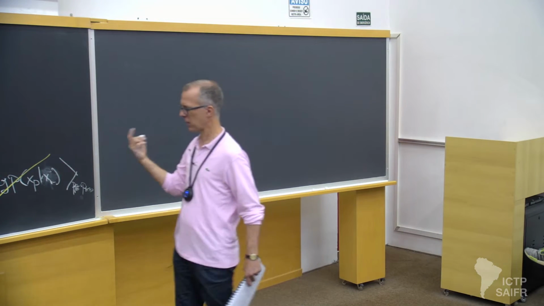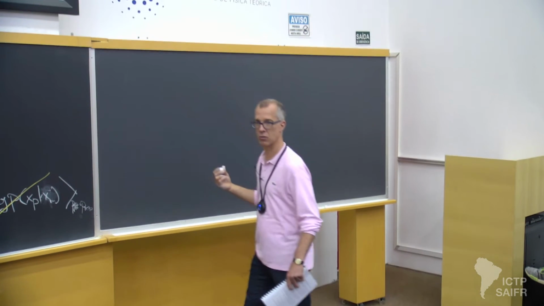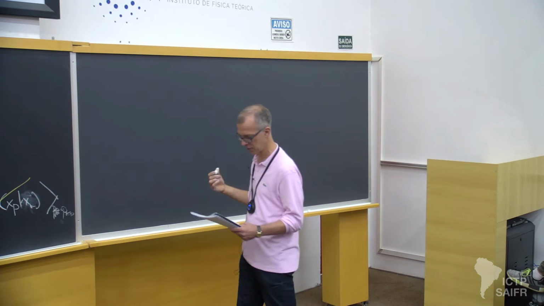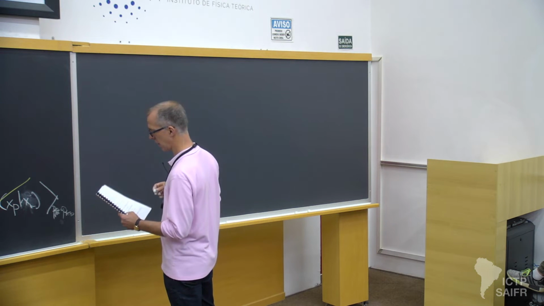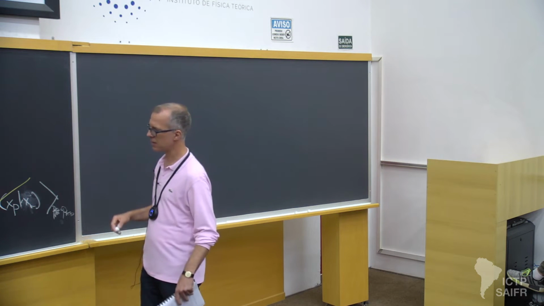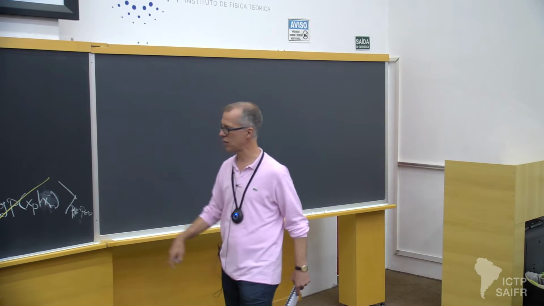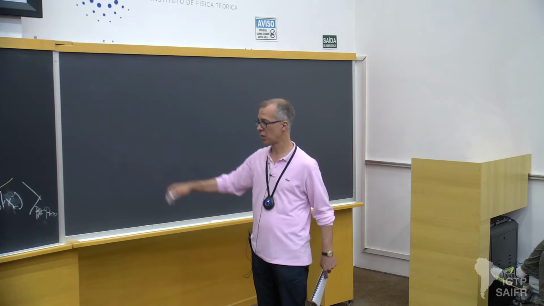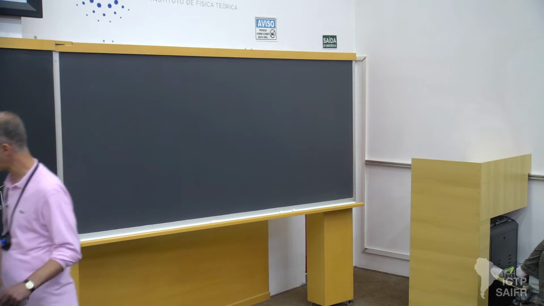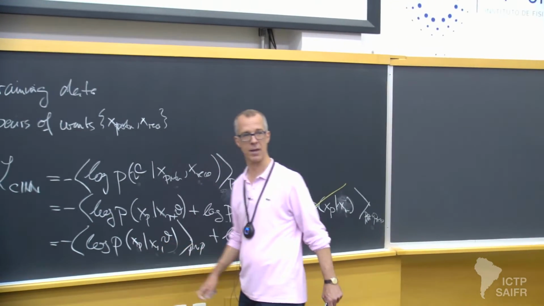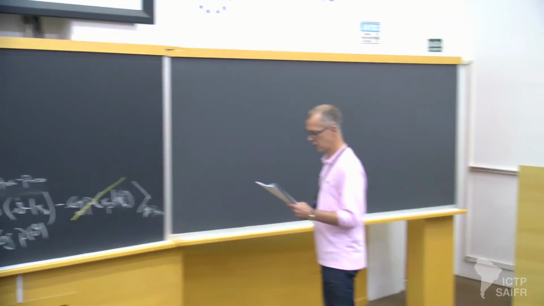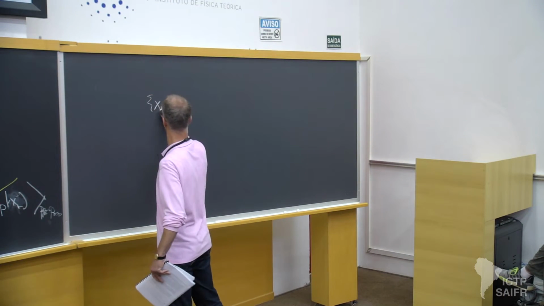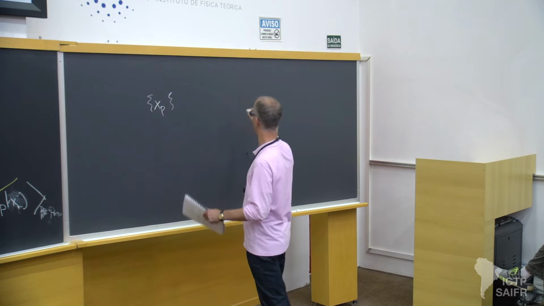But let me just draw the architecture to remind ourselves what this network does. Remember, what these generative networks do is they map random numbers onto something, and that something is on the left-hand side, so that's x parton, right? So you have x parton, and you have random numbers.